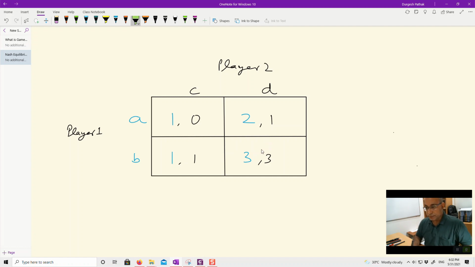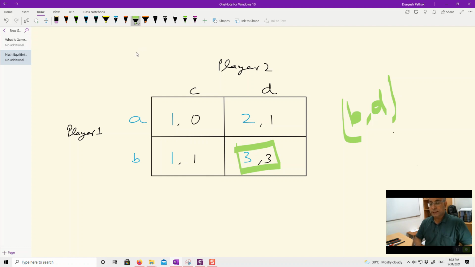What about this particular profile, BD? It is a Nash equilibrium. You see that there is no profitable deviation. Player 1 deviates to A, not profitable. Player 2 can deviate to C, that is not profitable.